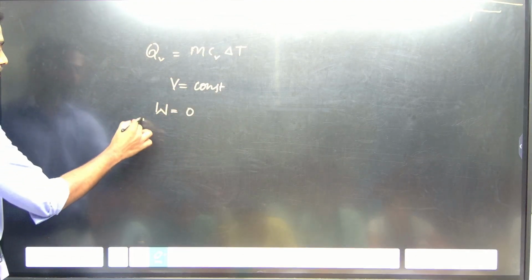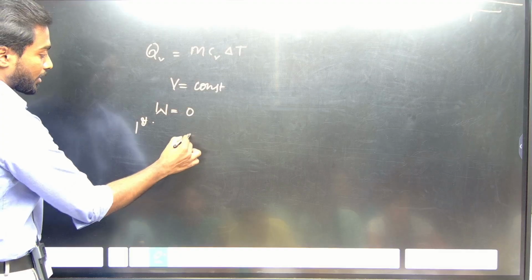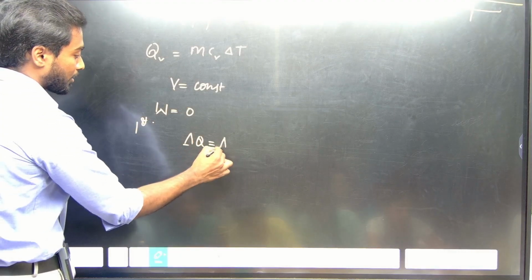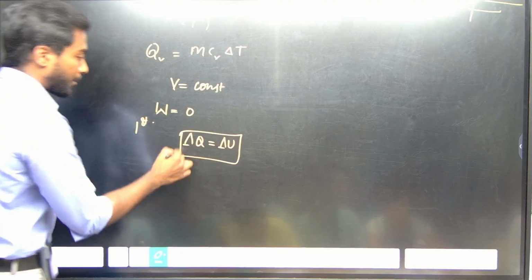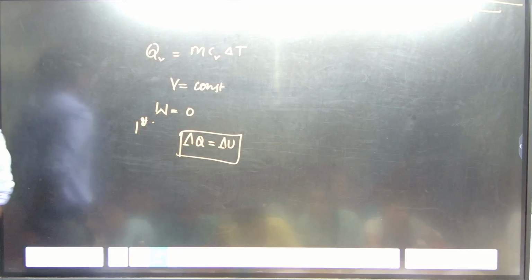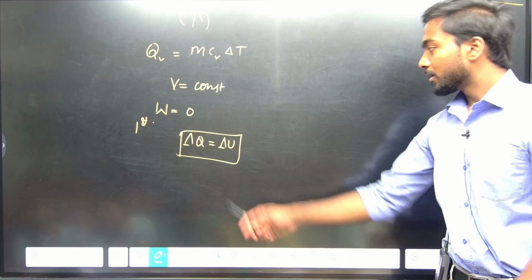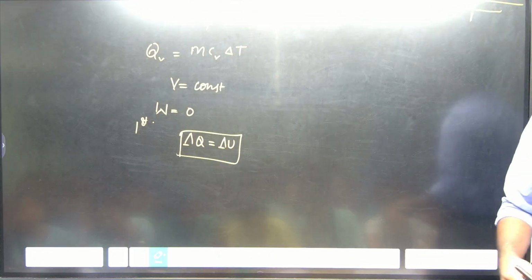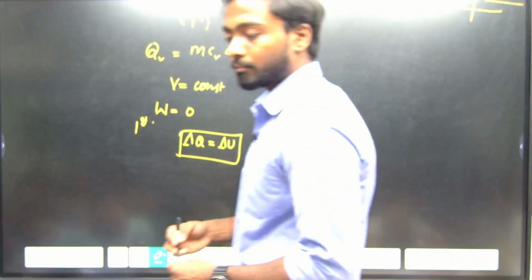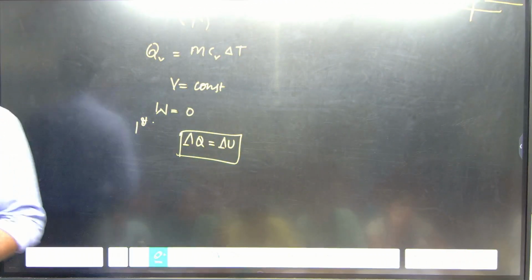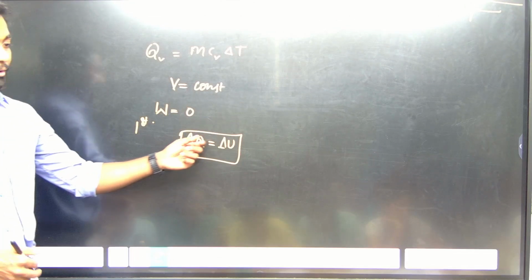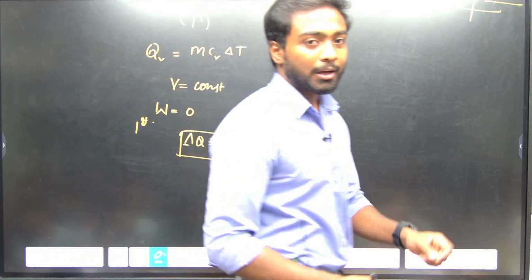So according to the first law of thermodynamics, delta Q will be equal to delta U, since W is 0. U plus W is the formula, so since W is 0, Q will be equal to U. So whatever I say about heat, I will be saying about the energy also, both are the same.